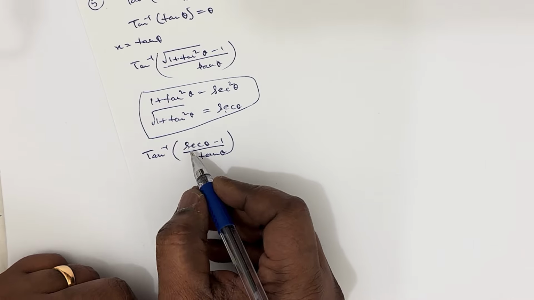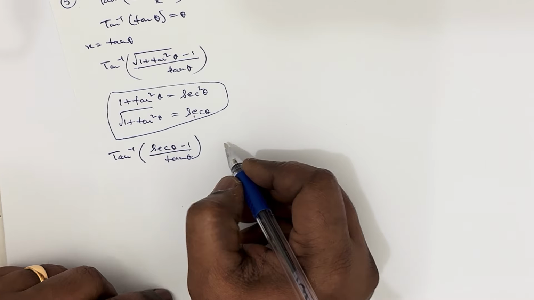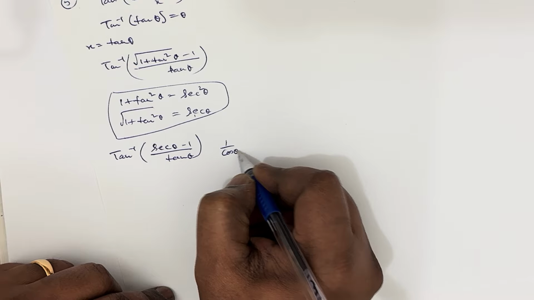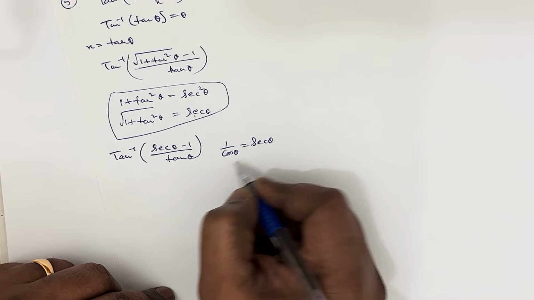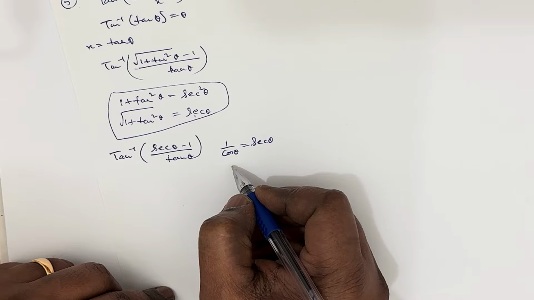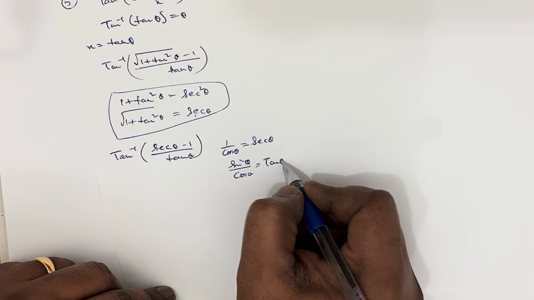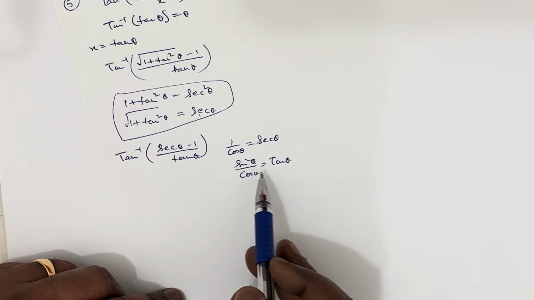Now let's convert. We know that 1 by cos theta is equal to secant theta, and sin theta by cos theta is equal to tan theta. So instead of secant and tan, we put this.